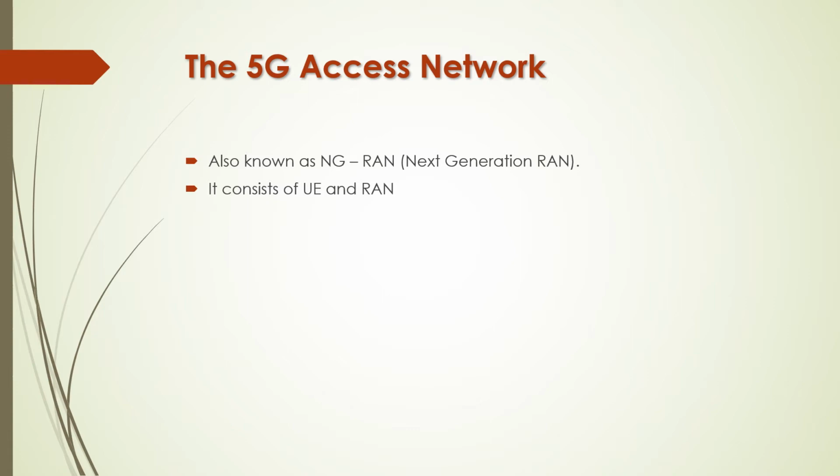The second component is RAN, which is our next generation node B. Like we had an eNode B in our 4G network, similarly we have a gNode B in 5G networks, which consists of all the MIMO antennas. So this is the 5G access network.